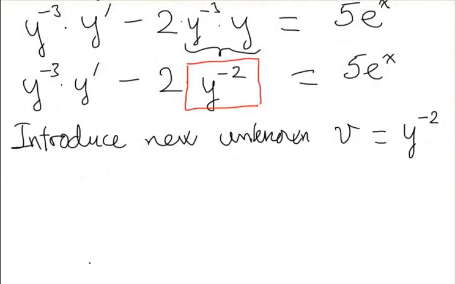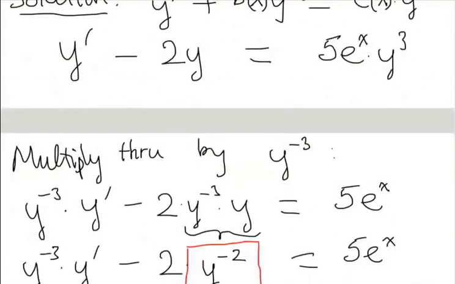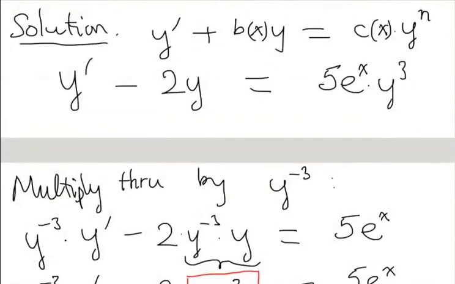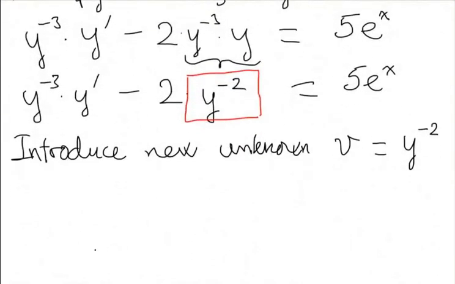Now we need to take the derivative of v. Note that the independent variable for this problem is x. That's what we are taking the derivative with respect to. So we take the derivative of v, which will be dv dx.